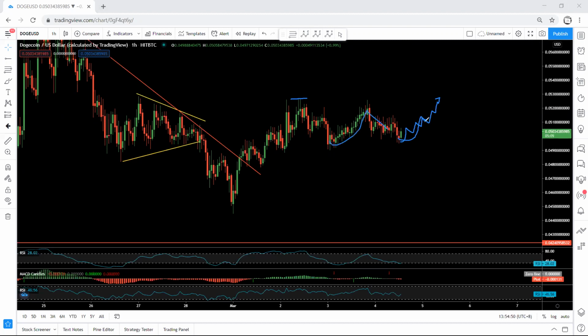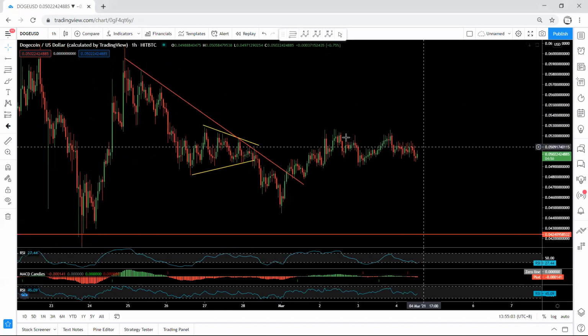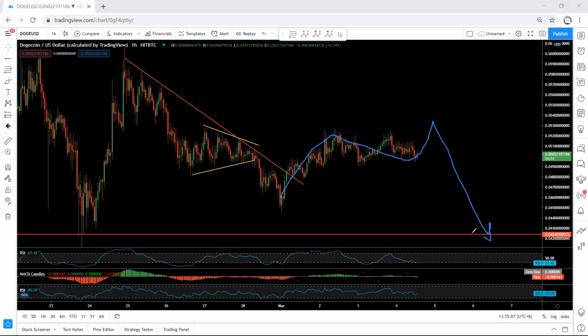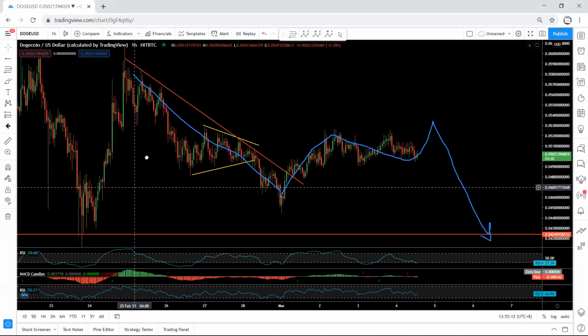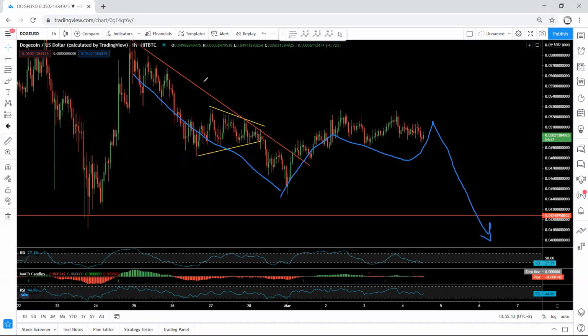Or we can even get this down move for one more drop, then the price breaks the top for one more drop again. All the possibilities are there. The only thing is how we can trade it. What we need is to see this move finished, and the last move completes this one as well with the breakout of here.